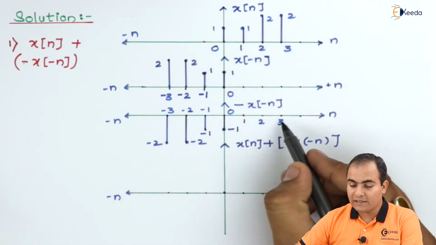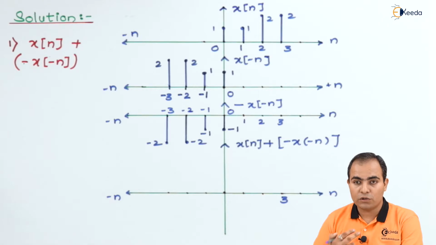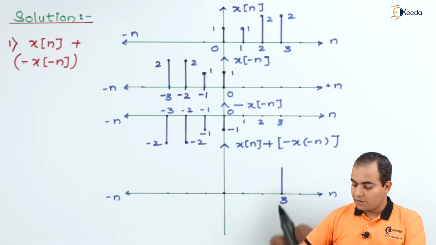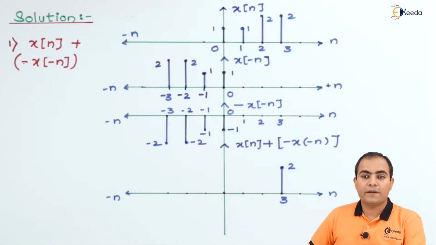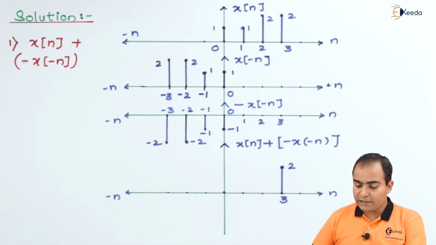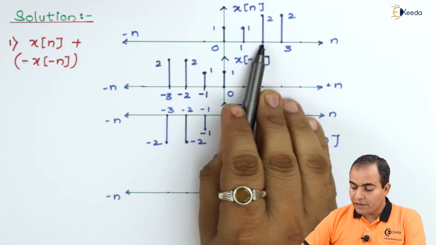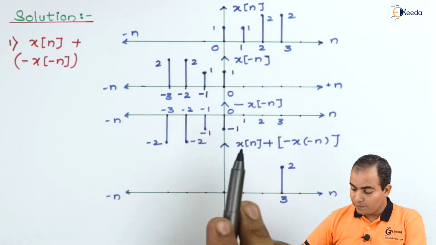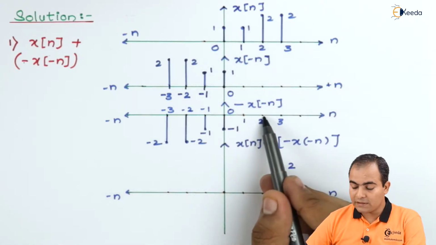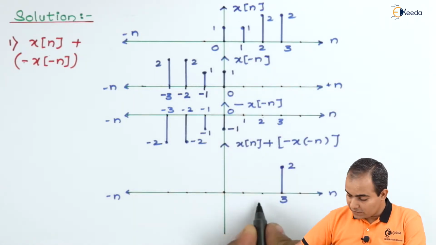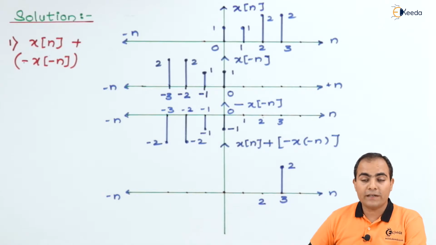So 2 plus 0, answer is 2. Now at 3 I can say my amplitude is 2. Now look at the next two samples. Here at 2 amplitude is 2, but here at 2 amplitude is 0. So 2 plus 0, answer is 2, which means at 2 you will get a sample having amplitude 2.